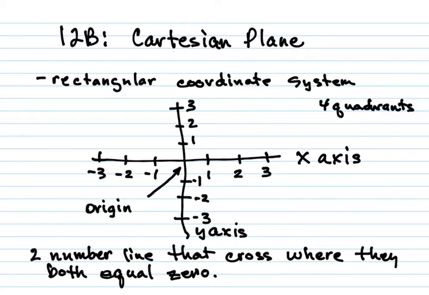And they go counterclockwise. Now, you may or may not have any questions about this in this particular section, but no big deal. So they go 1, 2, 3, and 4. And they're named using Roman numerals so that you don't confuse them with the actual values on the number lines.